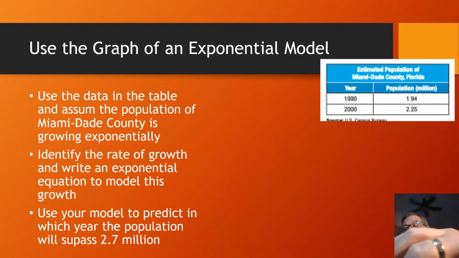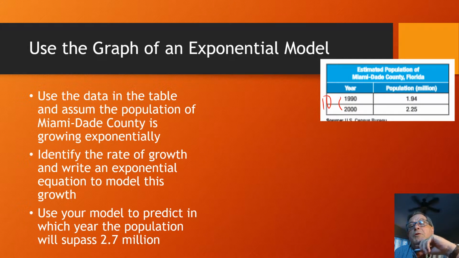And I see between the years 1990 and 2000, well, how many years is that? That's 10 years. So 10 might be my time. And then I see that it starts at 1.94 million, and by 2000 the population of Miami-Dade County has grown to 2.25 million.